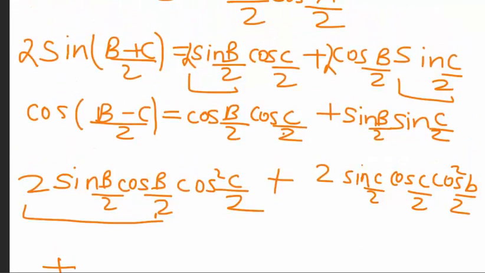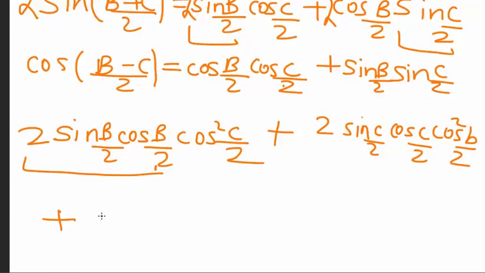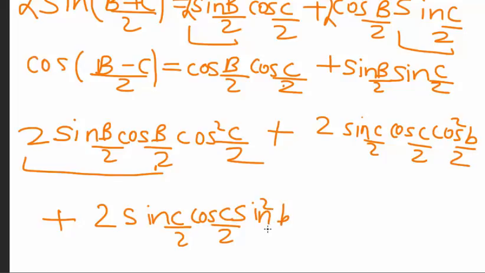Let me check. No, it's 2. 2 sine c by 2 cosine of c by 2 sine square b by 2, and the final term is going to be 2 sine b by 2 cosine of b by 2 and then sine square c by 2.